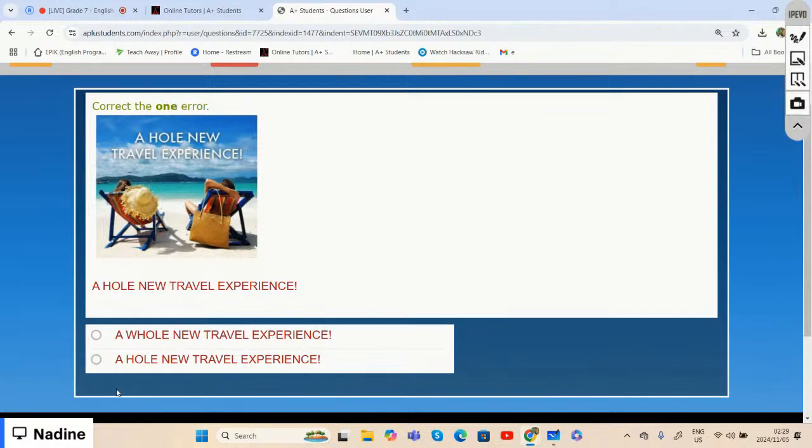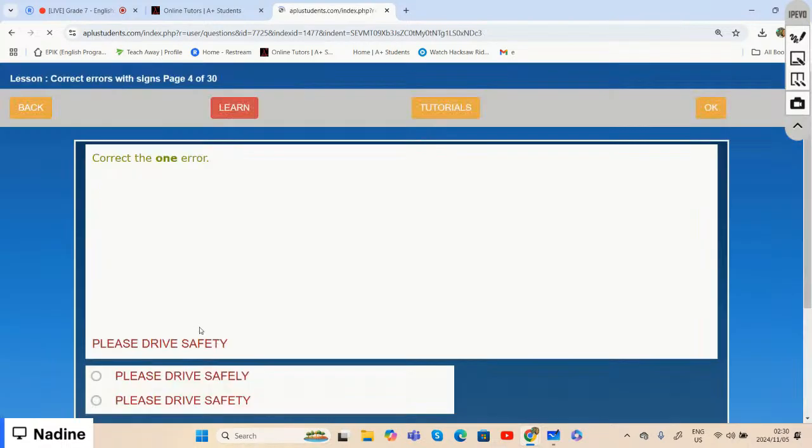So if we were to choose the correct error, then we will choose option one, which is whole, WHOLE, a whole new travel experience, not HOLE. All right.